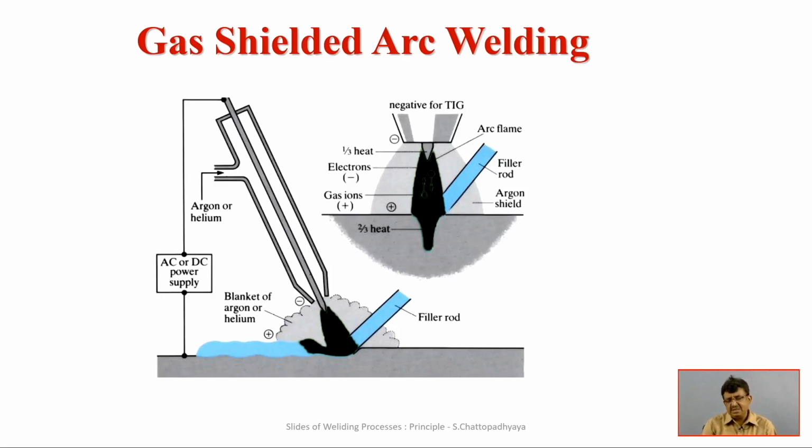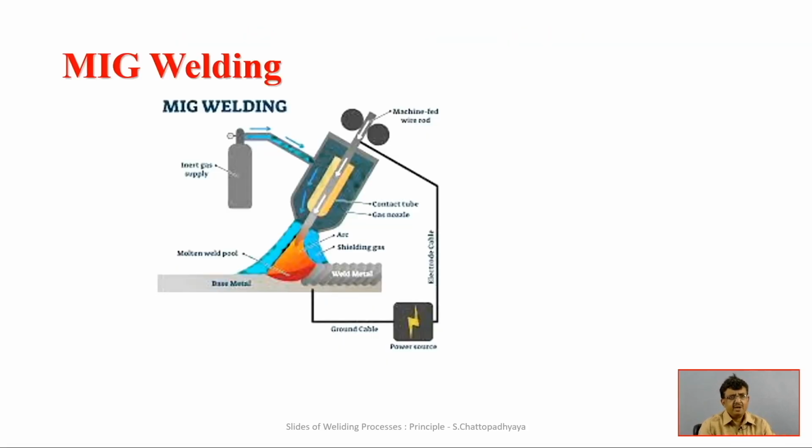So this is employed in metal inert gas welding and tungsten inert gas welding. The only difference is that in metal inert gas welding the electrode is consumable, whereas in tungsten, TIG, it is a non-consumable electrode. One can see the typical sketch of the MIG welding process. Inert gases are supplied, and from the coil the electrodes are supplied.